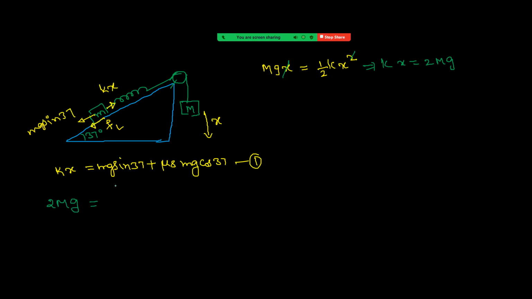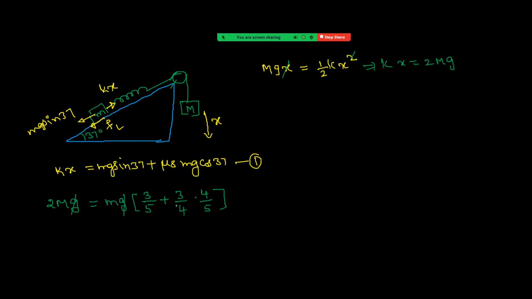That is equal to here mg, here mg, I'm taking outside. Remaining is now 3 by 5 plus, and see the mu value. It's actually mu s. It is 3 by 4, and cos 37, that is 4 by 5.